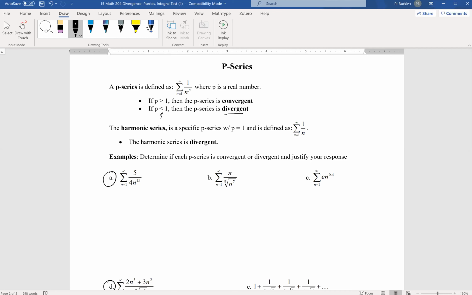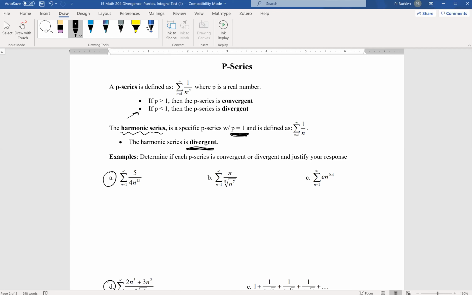And one of those is a very special case. The teacher that I had when I had this course absolutely loved it. It's called the harmonic series, and it's the specific case when p equals 1, which falls into case 2 here. So the sum of 1 over n is referred to as the harmonic series, and it is divergent.